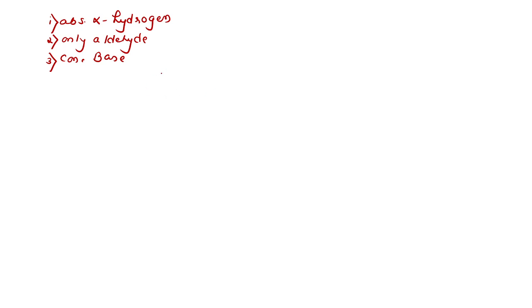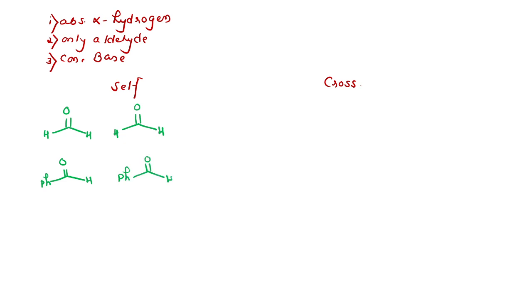Now, Cannizzaro reactions are of 2 different types: self-Cannizzaro and cross-Cannizzaro. What do you understand by self? If the two reacting molecules are similar, like formaldehyde and formaldehyde, it is self-Cannizzaro. And if you have similar molecules, this is also an example of self-Cannizzaro.